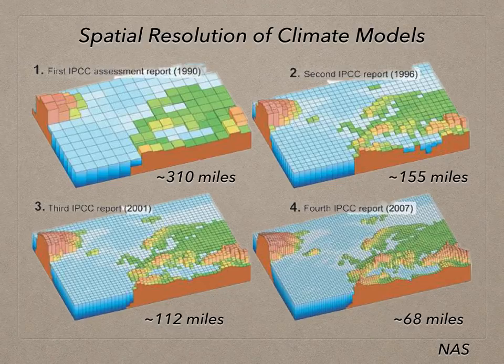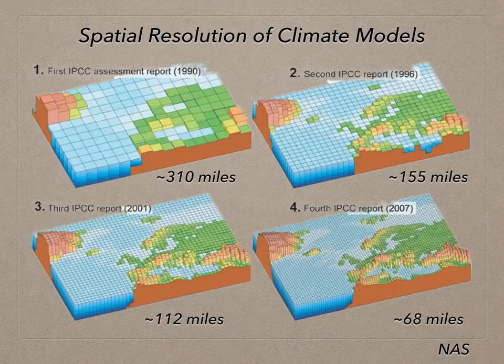By 2001, the resolution had improved to 112 miles on a side. Again, you can see the picture showing a more realistic picture of Europe and Greenland. And by 2007, the resolution was now about 68 miles on a side.